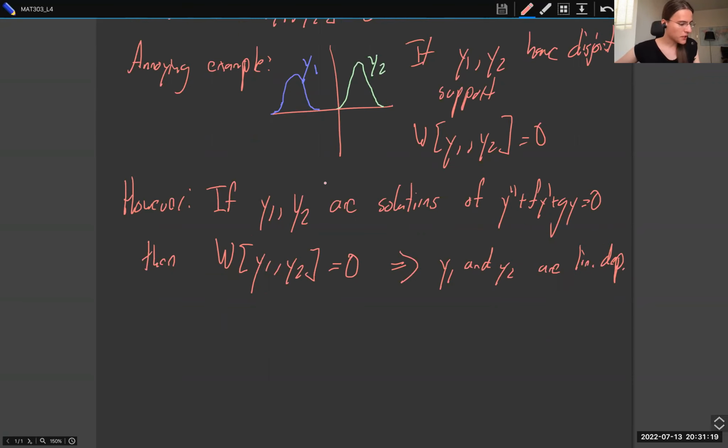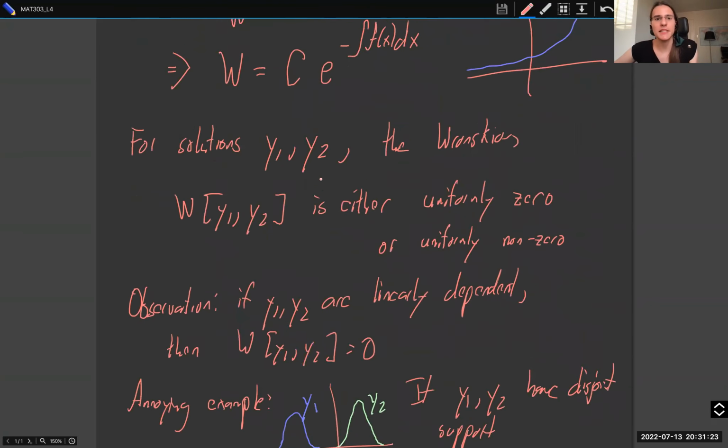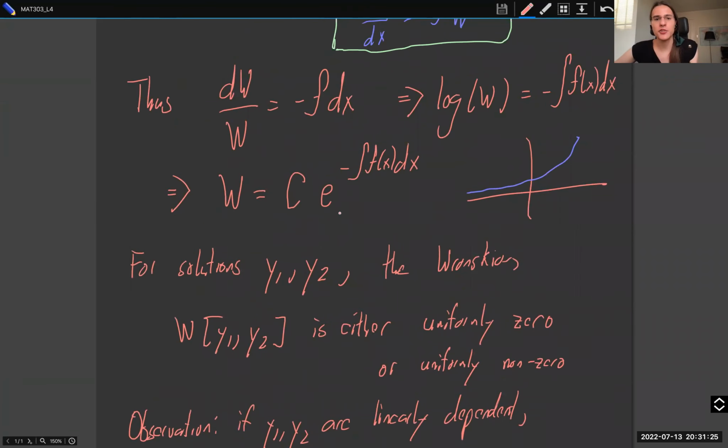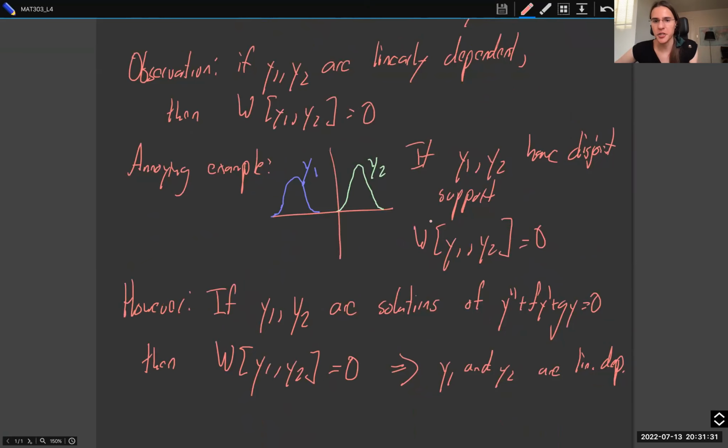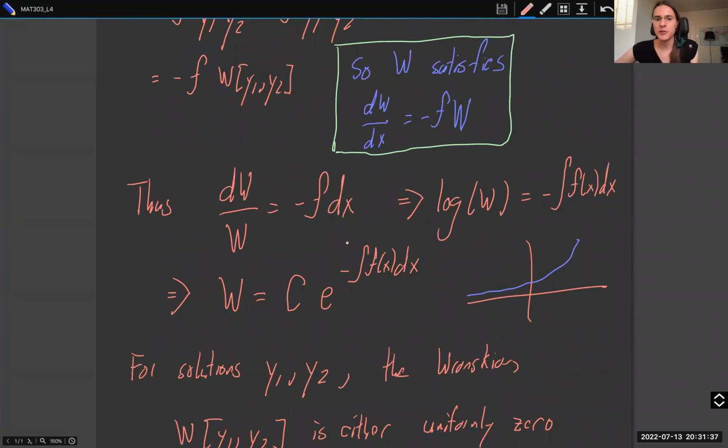Okay, so that's pretty cool. So then basically what happens is if you take two linearly independent solutions, and remember the theorem from the start of the class, if you have a second order linear homogeneous equation, there are two linearly independent solutions and every solution is in the span of those. Well, if you take the Wronskian of any two linearly independent solutions, then you'll get some multiple of this function right here.